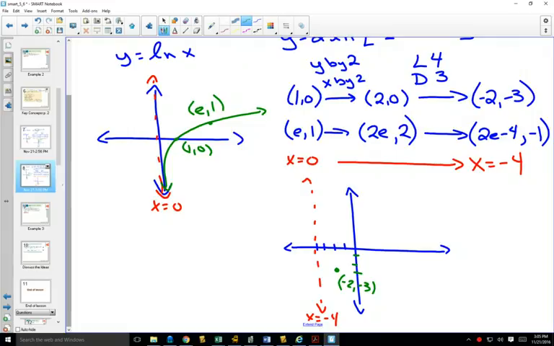So I'm going to put a point at 1.4, comma, -1. I'm still going to label this as 2e minus 4, comma, -1. But then I'll have a good idea of where that point would be. And there is our final graph.